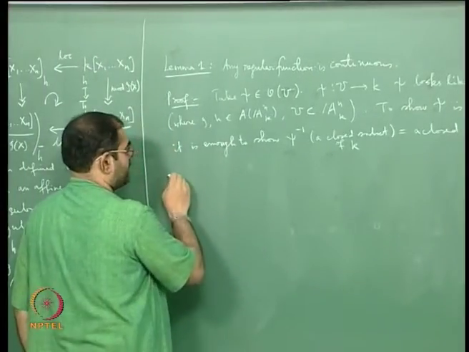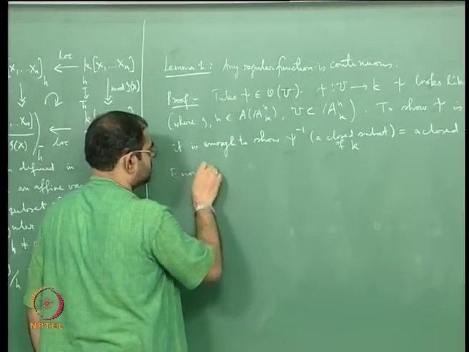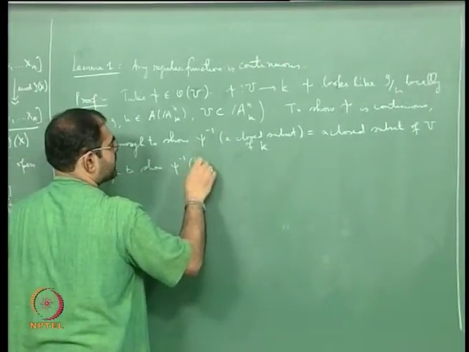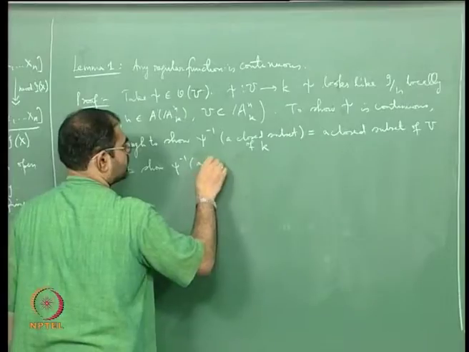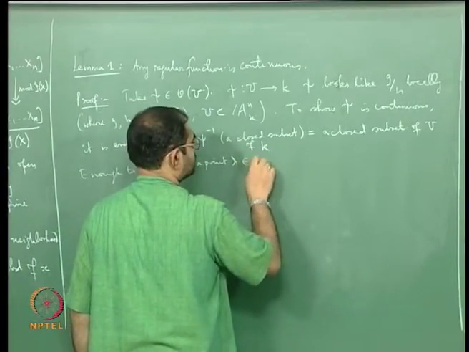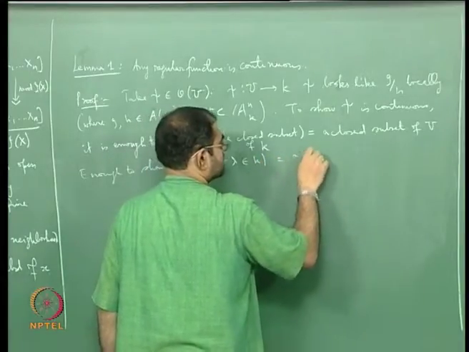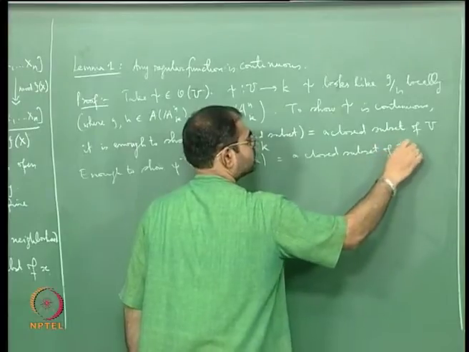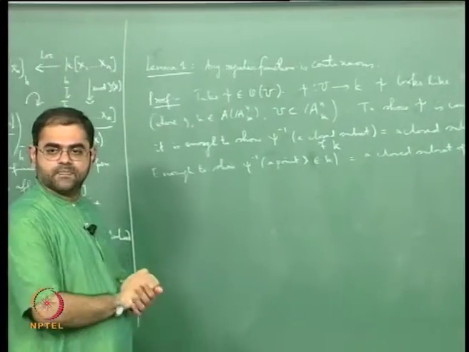So enough to show psi inverse of a point lambda in K is a closed subset of U. This is what I will have to show, okay.